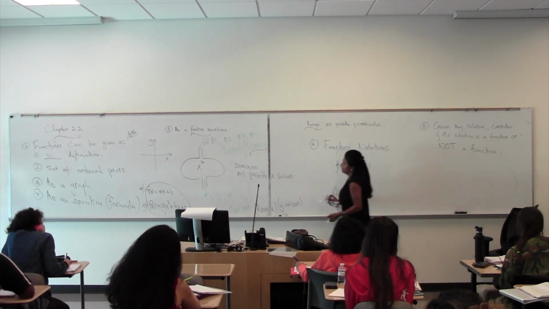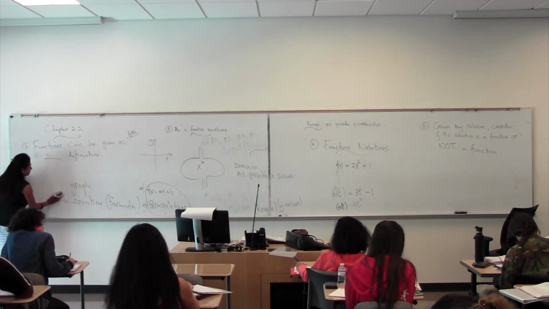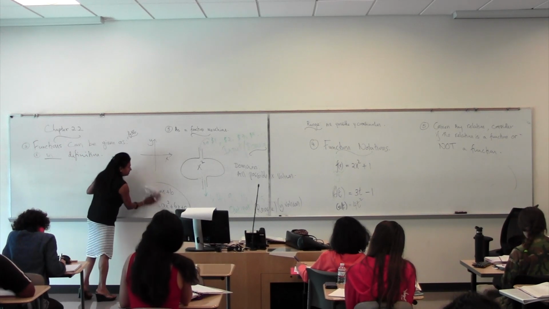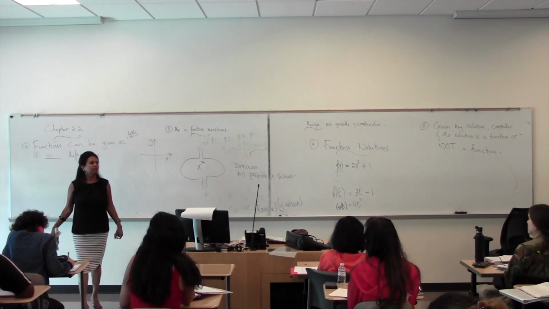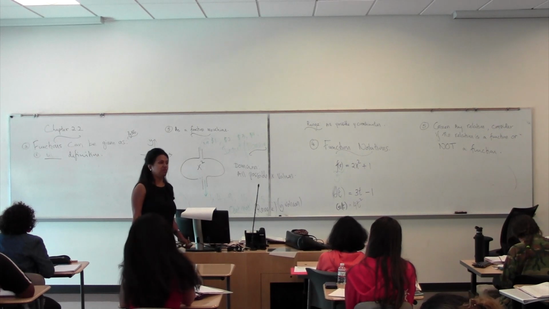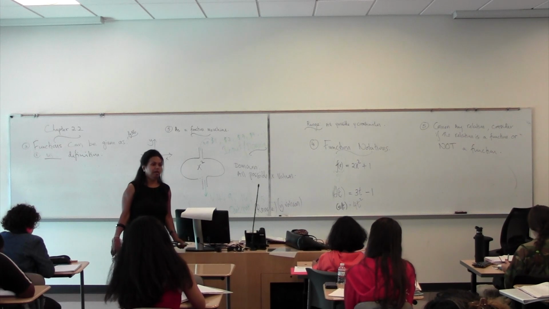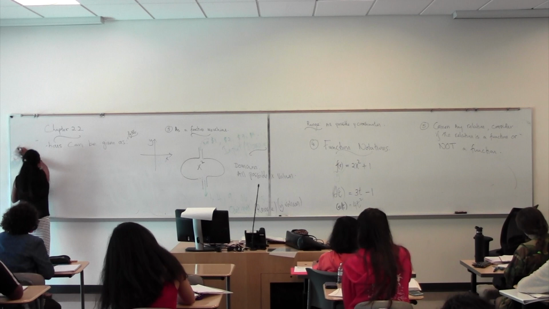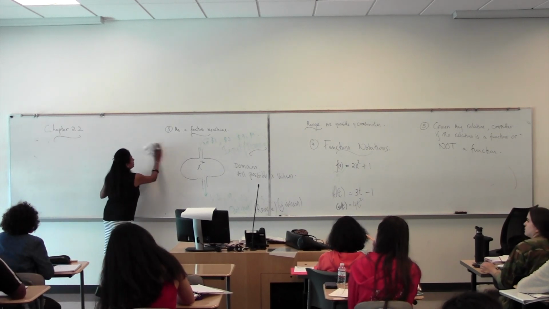I have to give you a rule. We know that all sets of ordered pairs are not functions, all graphs are not functions. If you say graphs are functions, is it a true statement? No. Okay, you have to be careful. If someone says graphs are functions, true or false? No, only sometimes. All formulas are functions, true or false? False, because it's only sometimes.